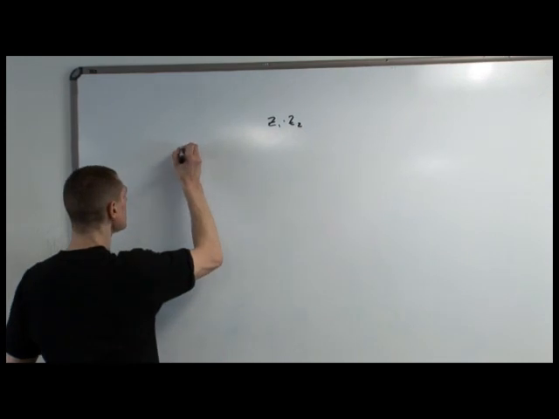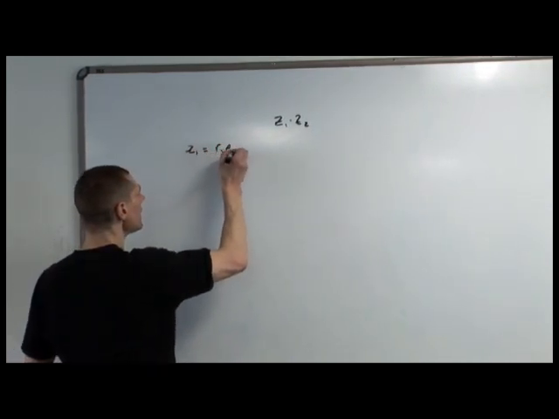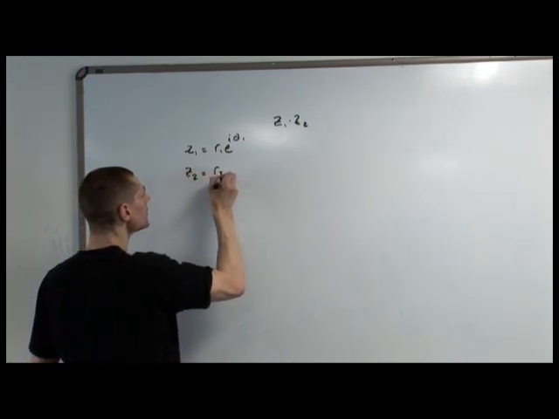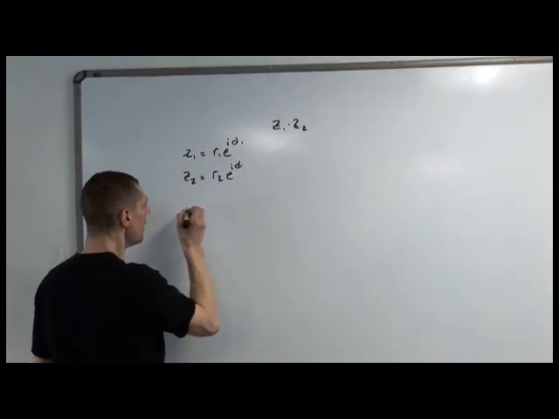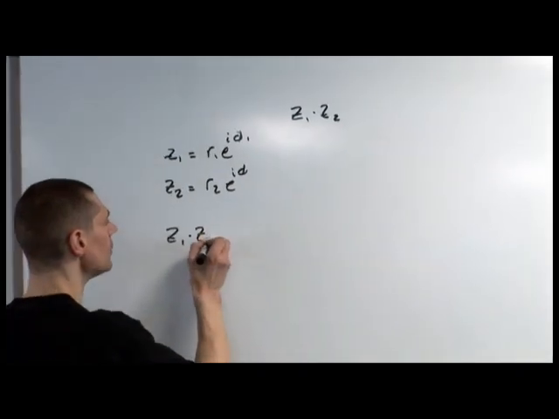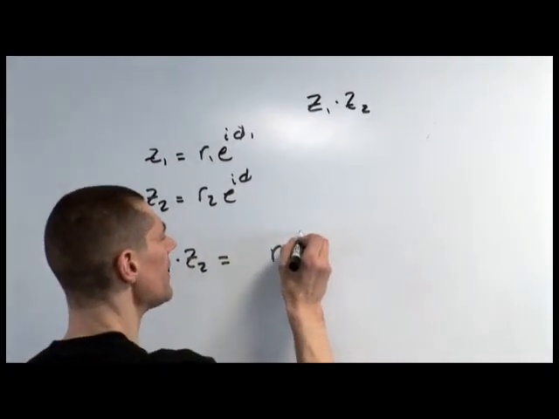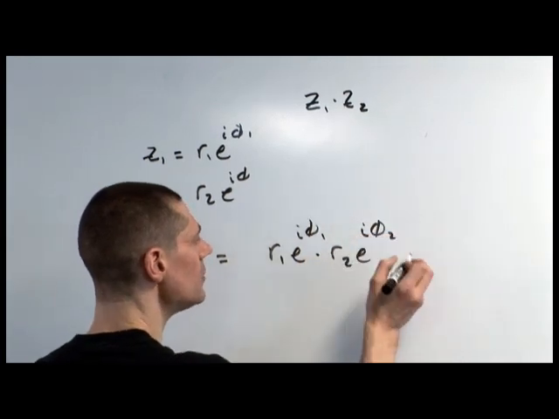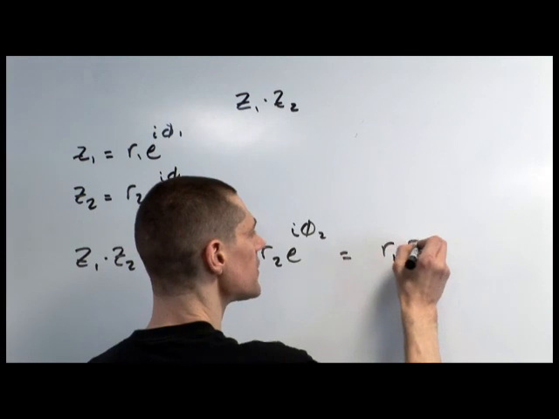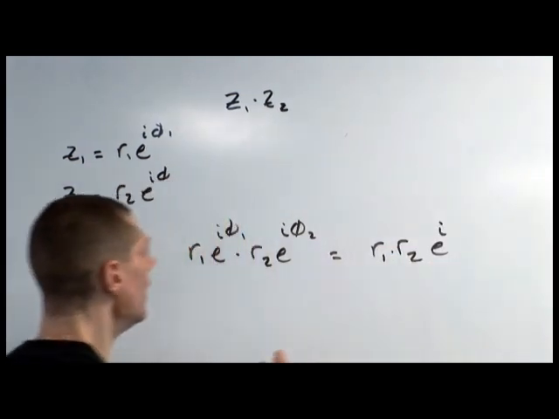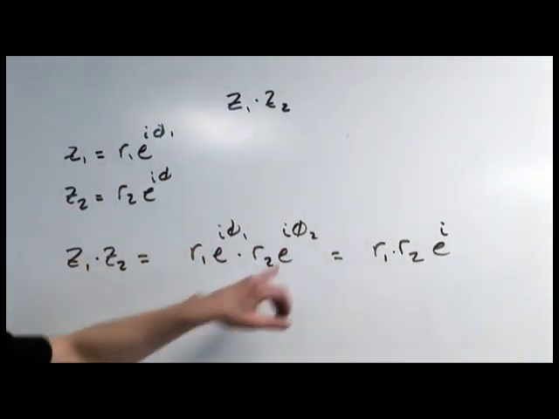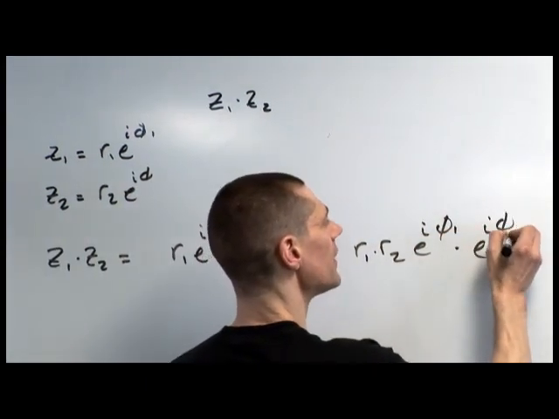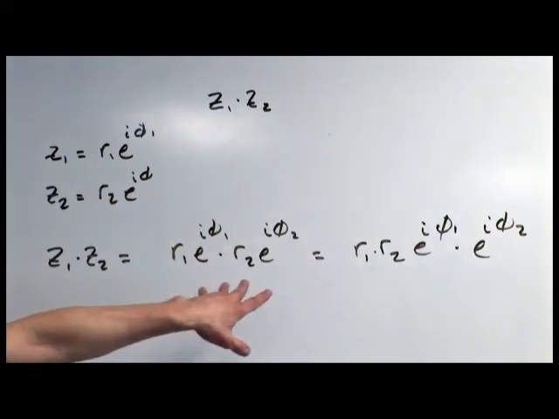So if we let z1 equal r1 e to the i theta 1, and z2 equal r2 e to the i theta 2, then z1 times z2 is going to be r1 e to the i theta 1 times r2 e to the i theta 2. This is r1 times r2 times e to the i theta 1 times e to the i theta 2, right? I'll do this in 2 steps. So I just organized things a little bit.